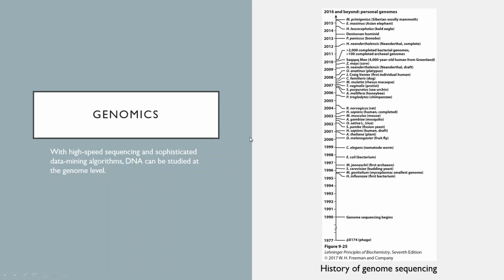Now, genomics, which relates to having a genomic library, is just the study of whole genomic sequences. So you're not necessarily just interested in individual genes, but in the whole genome. That includes the genes, but also all the non-coding parts of the DNA.